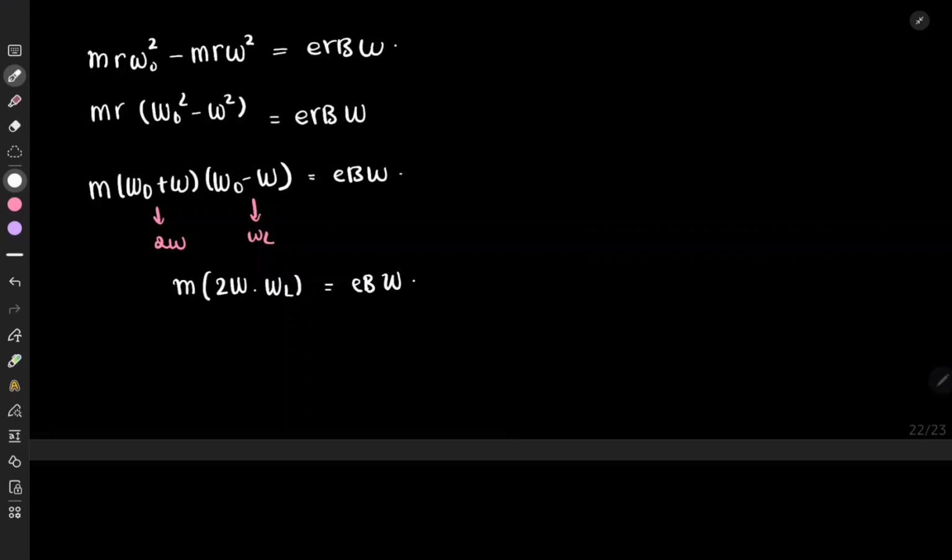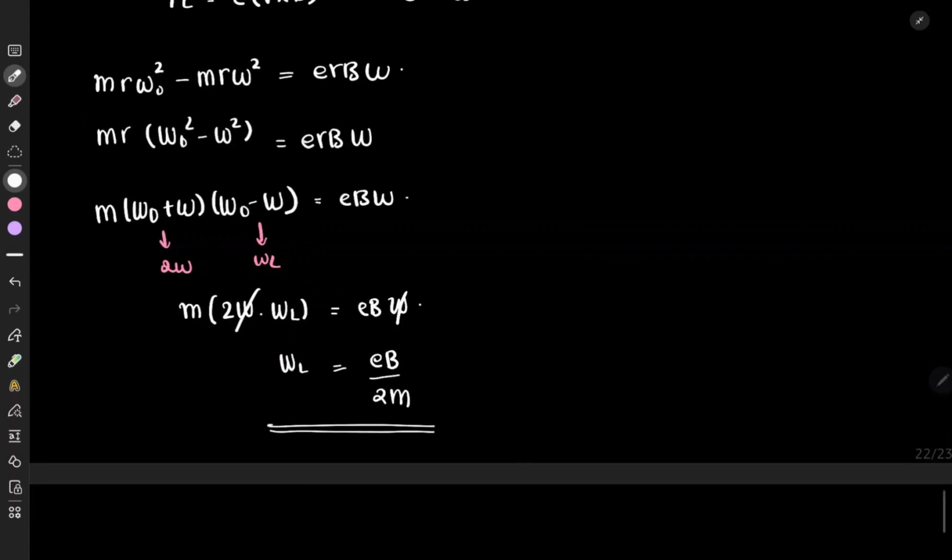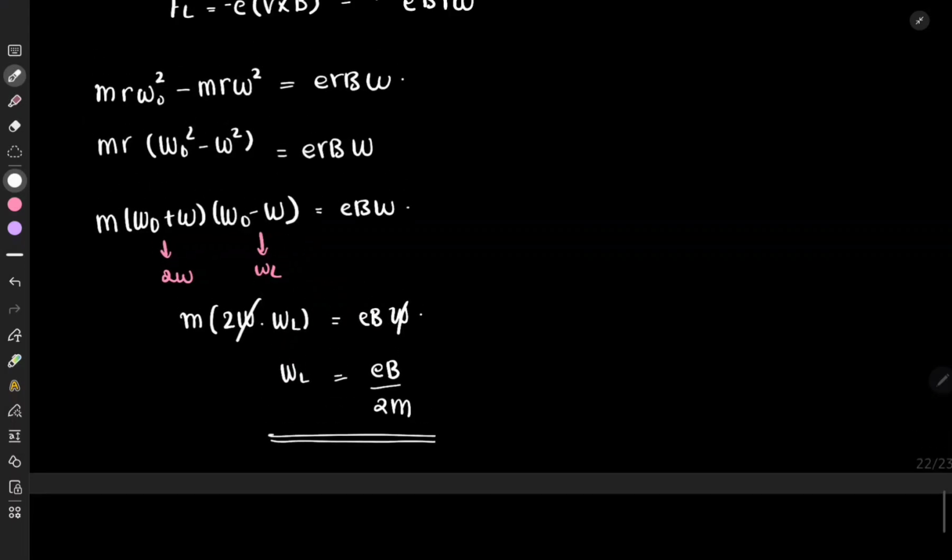And therefore omega L is nothing but e B divided by 2m. This equation is nothing but the Larmor frequency.